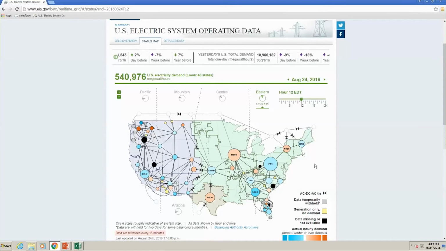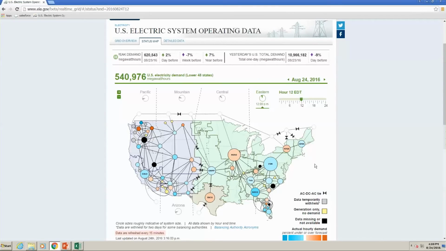However, EIA does collect information on its 860 form, which lists the plants and units within plants, data about units within plants in the U.S. And on that form, we list what balancing authority they are associated with. And so using that data, you can answer that question.